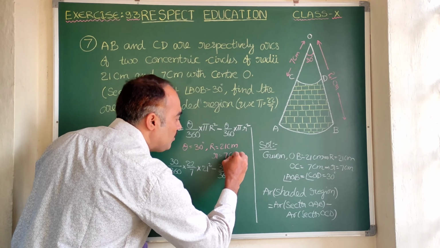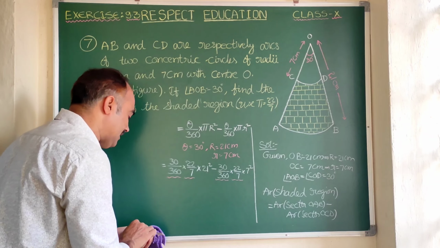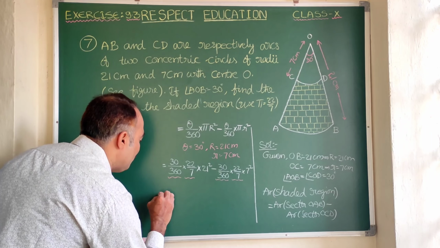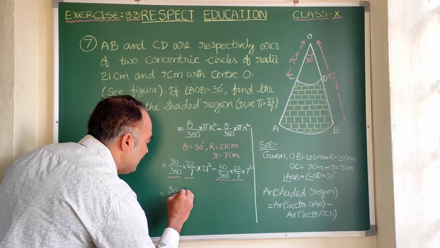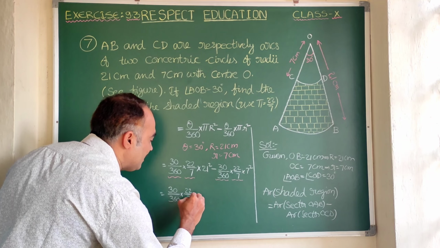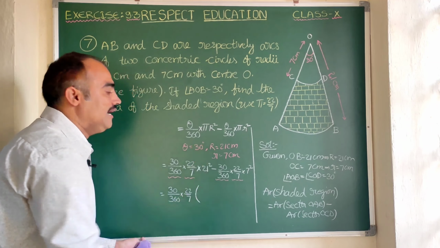Now let us observe that 30 by 360 and 22 by 7 can be taken as common. So 30 by 360 into 22 by 7, and the remaining values are 21 square minus 7 square.